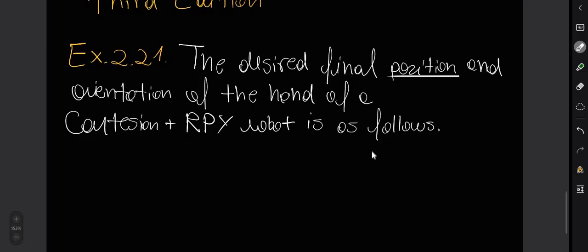So right here we wanted to know the desired final position and orientation of the hand of a Cartesian and roll pitch yaw robot.